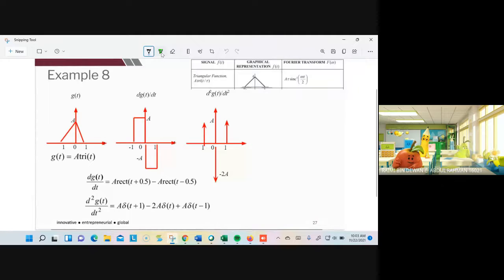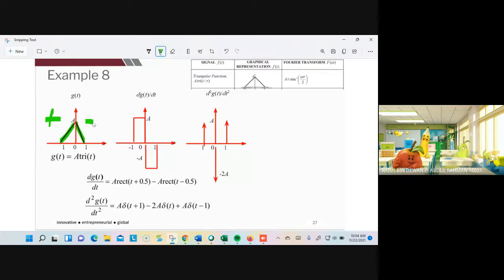You can see we have this portion, which is the positive gradient, and then this one is the negative gradient.